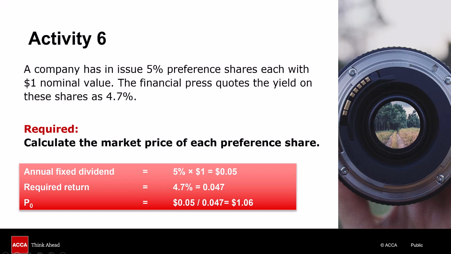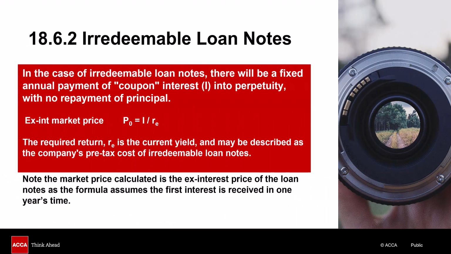Let's now go on to look at irredeemable loan notes. So we now come on to irredeemable loan notes. Again, this is Chapter 18, Section 6, but now point 2 in the study hub. Now, in the case of irredeemable loan notes, there will be a fixed annual payment of coupon interest this time, into perpetuity, with no repayment of principal.